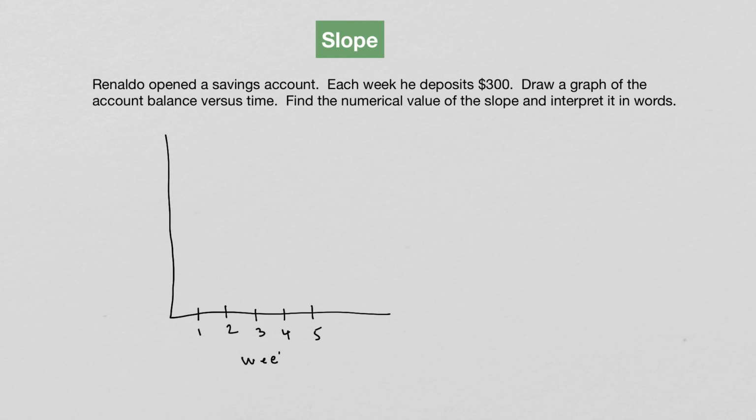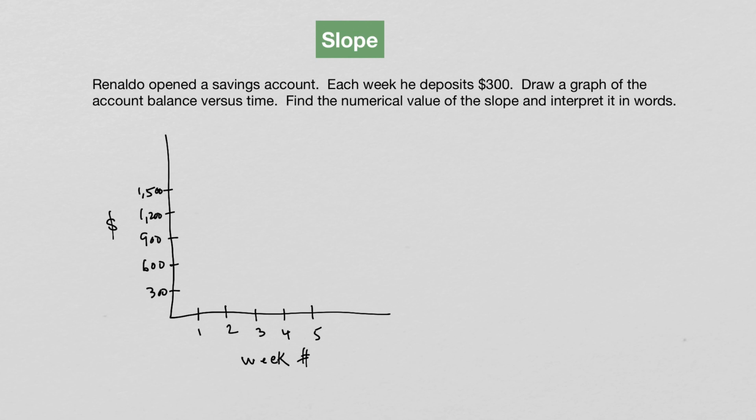This is week number. And then on the left side, or the y-axis, we're going to have dollar amounts. This is $300, $600, $900, $1,200, $1,500. And we'll call this dollars.